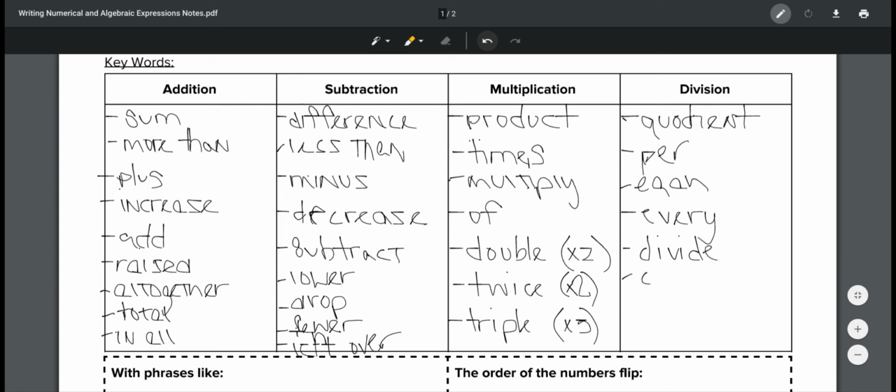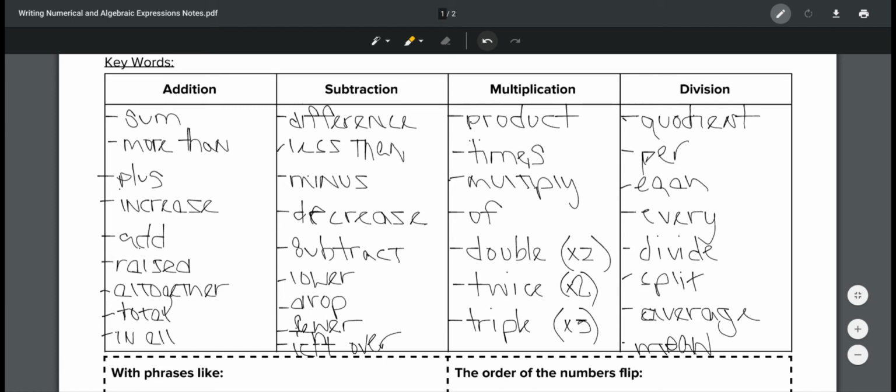Split. We're going to split you into 5 groups, means we're going to divide by 5. Average. If you see average, you're going to be using division. And the very, very last one is mean. The mean and the average are talking about the same thing, and we will practice that more together this year.